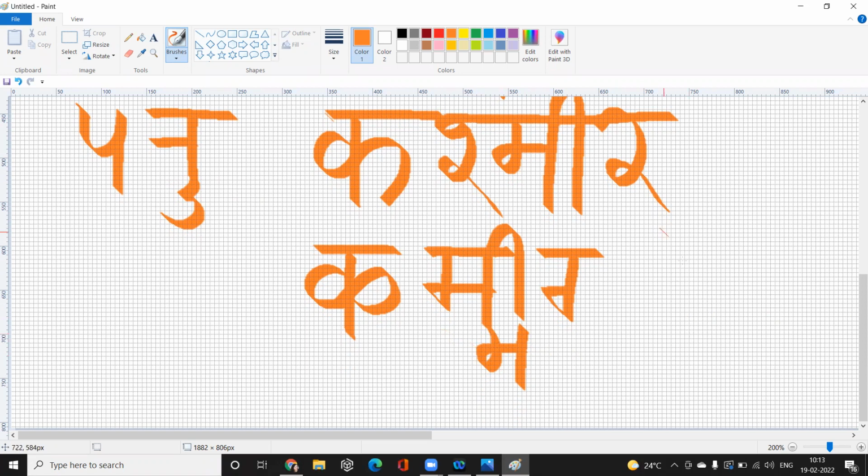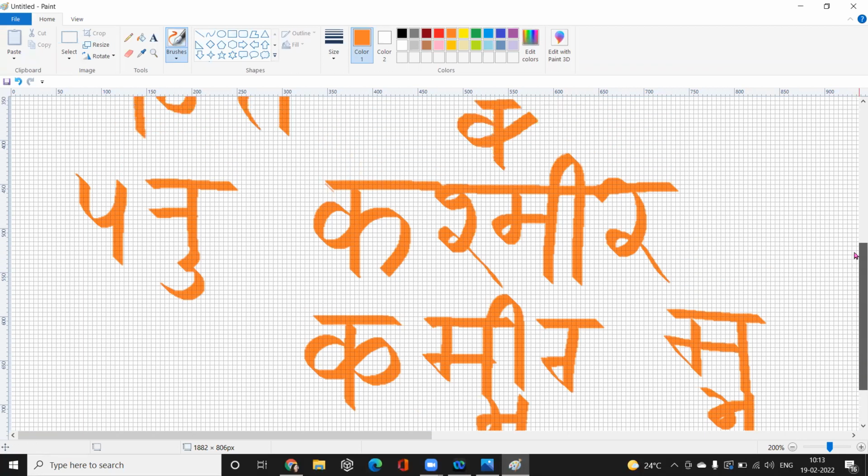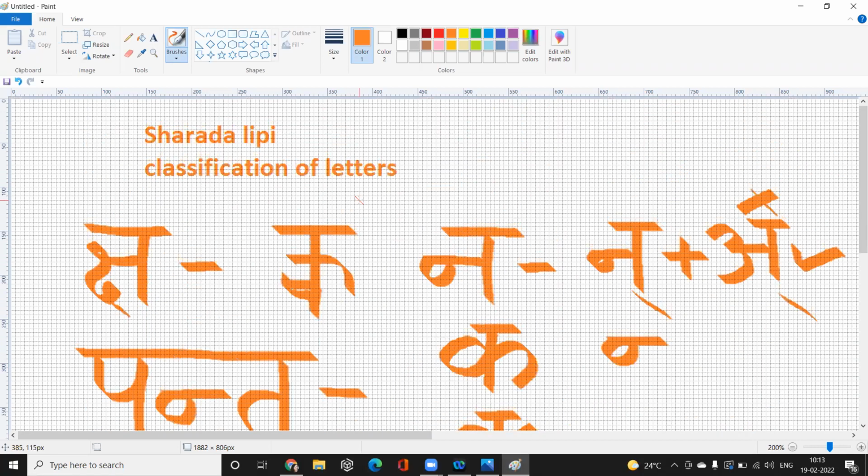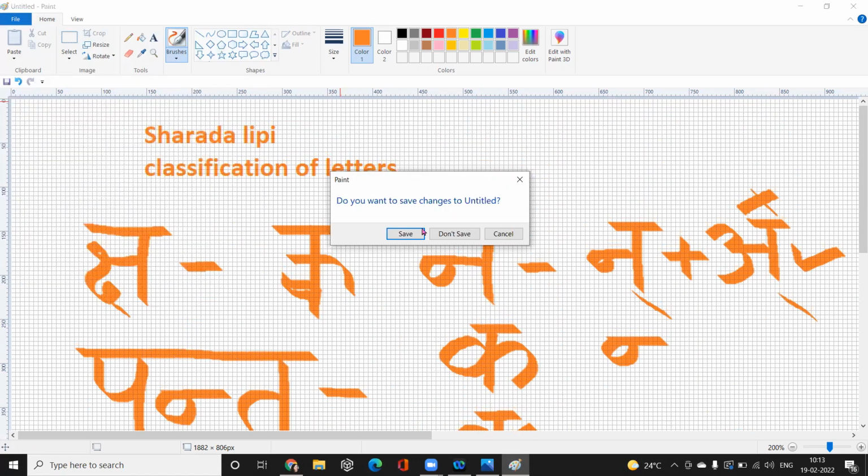I could have written M like this as well, directly under N, if I could write the T directly under N. But this is where the classification of letters comes into place. We classify the letters on the basis of their touch points with the Shirorekha. What I mean is, I will just explain it here.